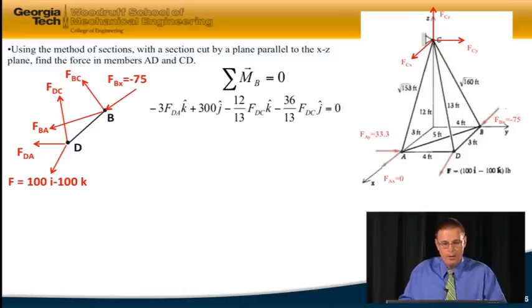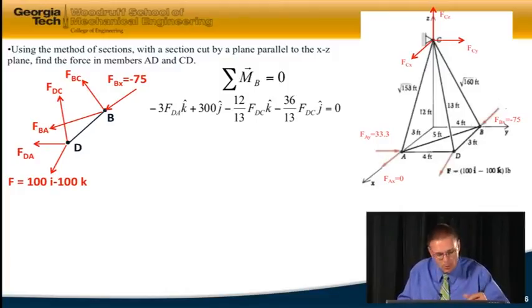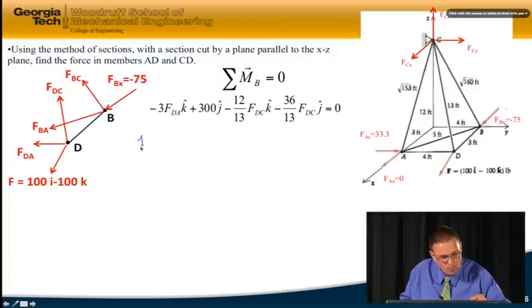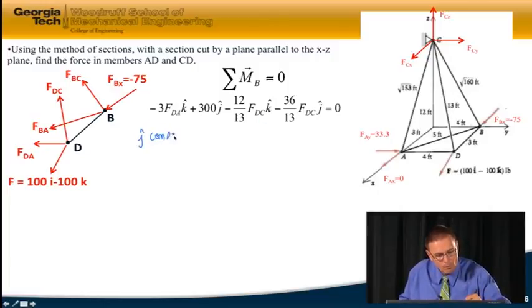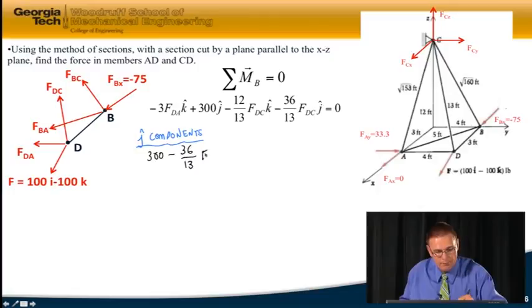And so what you should have found is, now that I have this equation of equilibrium, I'm going to need to match components in the I, J, and K direction to solve for the unknowns. In this case, I don't have any I components, so I'll go ahead and do the J components. And so I get 300 for this J component, minus 36/13 FDC equals 0.